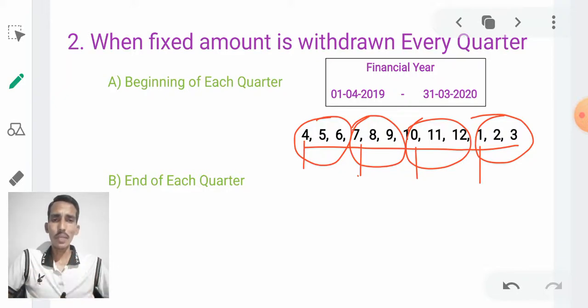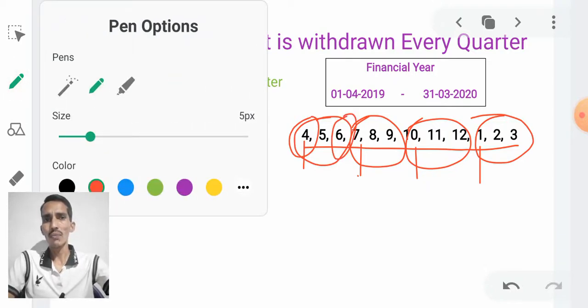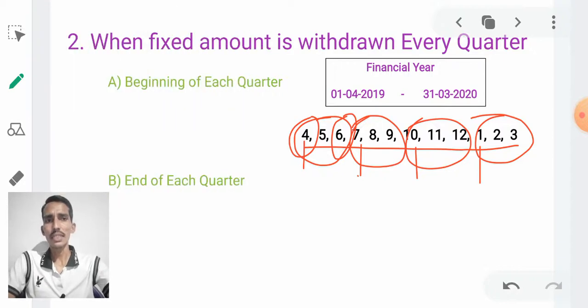If in the problem it is given as end of each quarter, then when the first quarter ends, the first quarter starts in the 4th month and ends in the 6th month. Therefore the first quarter ends in the 6th month. Then he withdraws the first amount, in the end of each quarter method.